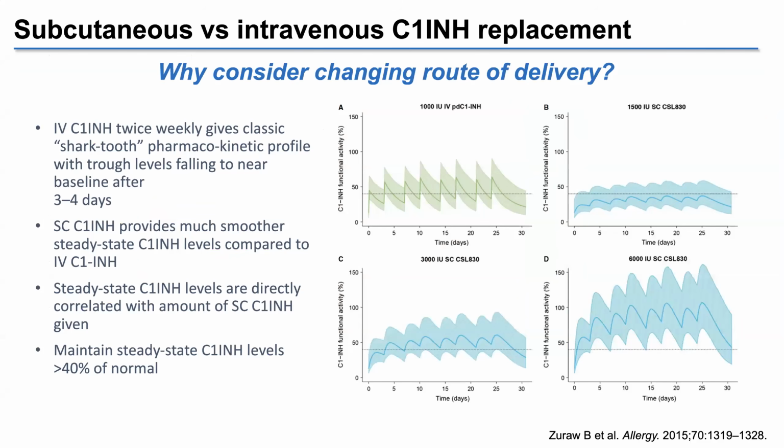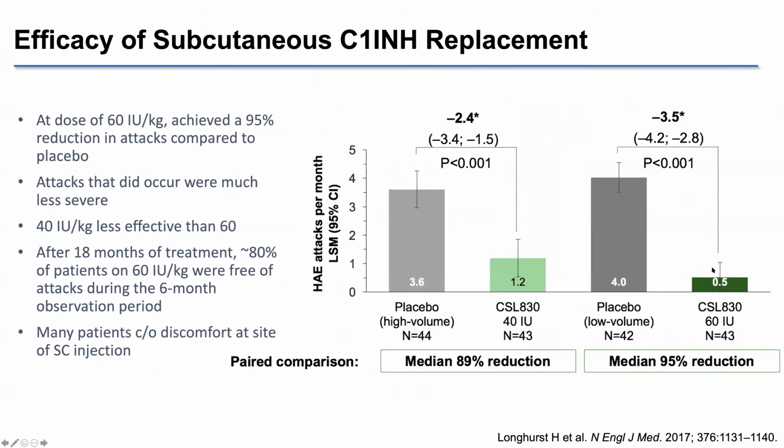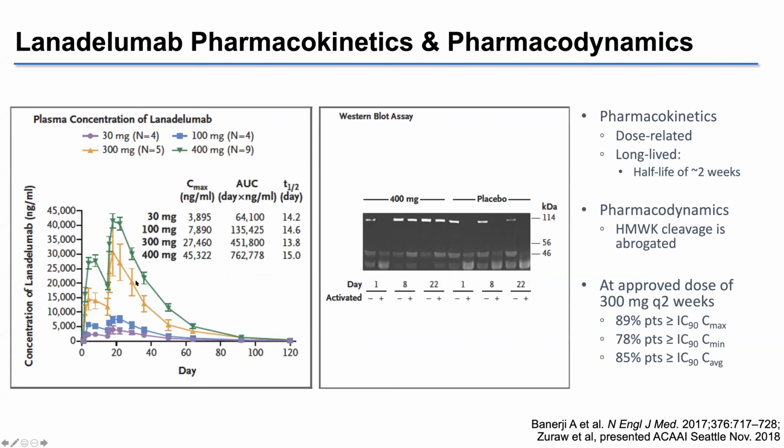And that's what really led to the desire to go to subcutaneous C1 inhibitor, which has been much more effective. In the phase 3 trial, there was a 95% reduction in attacks. In open label extensions, 70 to 80% of patients, after they've been on it for a while, are attack-free over a 6-month period. So much more effective treatment and essentially giving people normal life.